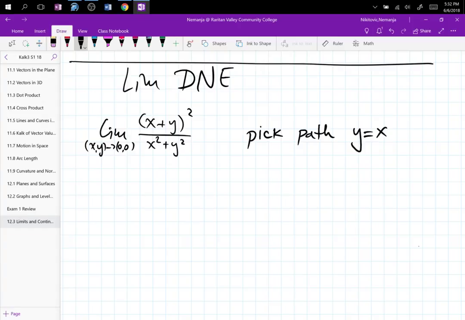y equals x. Guys, simply what I'm saying is I am going to draw the line through 0, 0, because that's what I'm approaching. But instead of having all this infinity of possible approaches, which include then sine, it doesn't include cosine. It doesn't include cosine because cosine doesn't go through 0, 0.